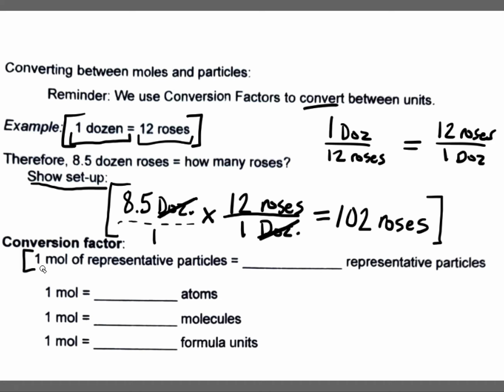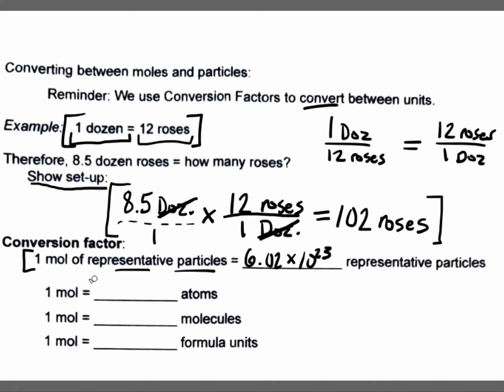Now let's remember this as well. If you have 1 mole of something, 1 mole of representative particles being atoms, molecules, or formula units, you have exactly 6.02 times 10 to the 23rd.